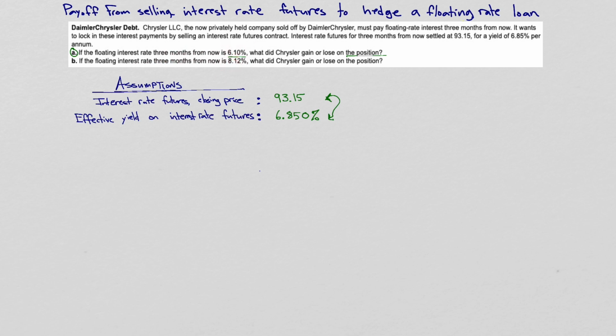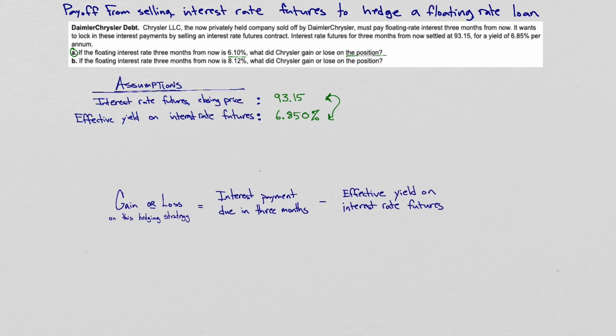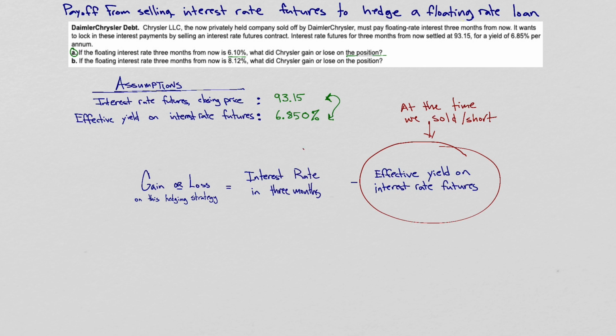But at any rate, the question is, if the floating interest rate 3 months from now is 6.10%, what did Chrysler gain or lose on this interest rate futures position? And to answer that, we really just compare the price of the interest rate futures at the time that we sold it, at the time that we entered into this position and shorted it, versus the interest rate that ends up in 3 months.